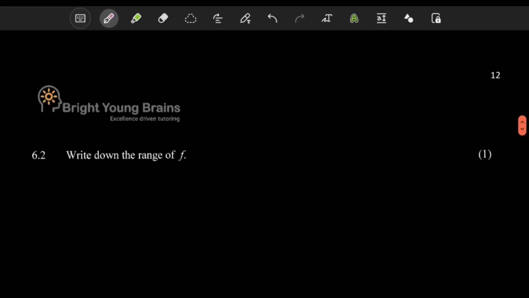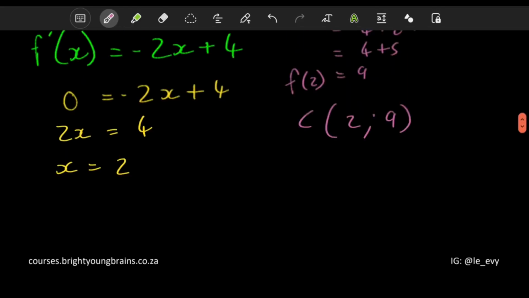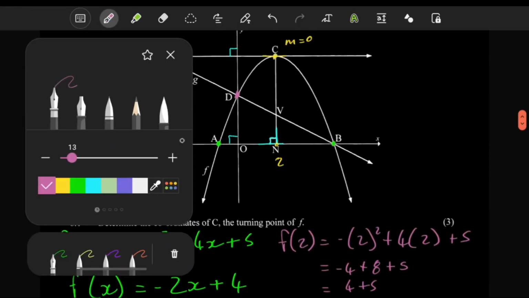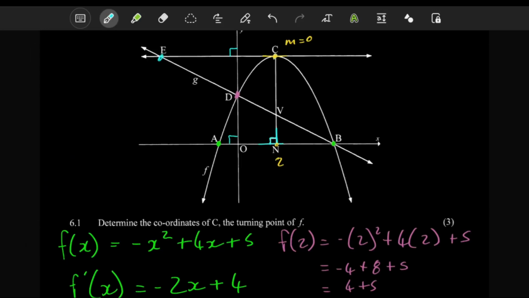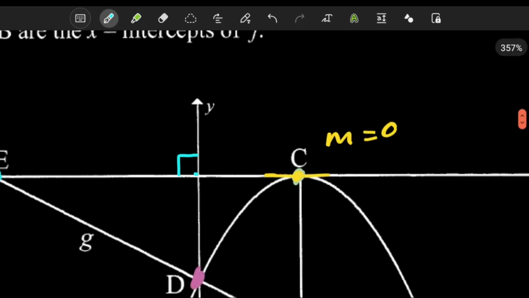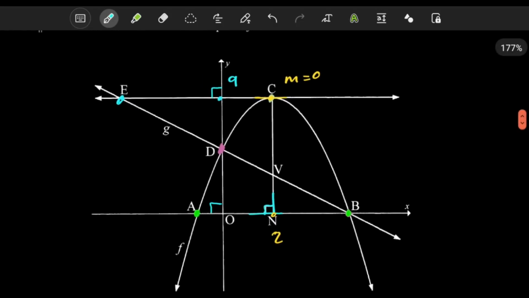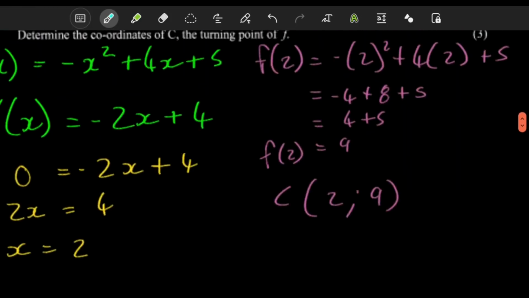6.2 for 1 mark. They said you should write down the range of f. Remember, range of f refers to which y values the graph goes to. So this graph has a y value of 9 over here, and then it has y values lower than 9. But then why am I getting a 9?